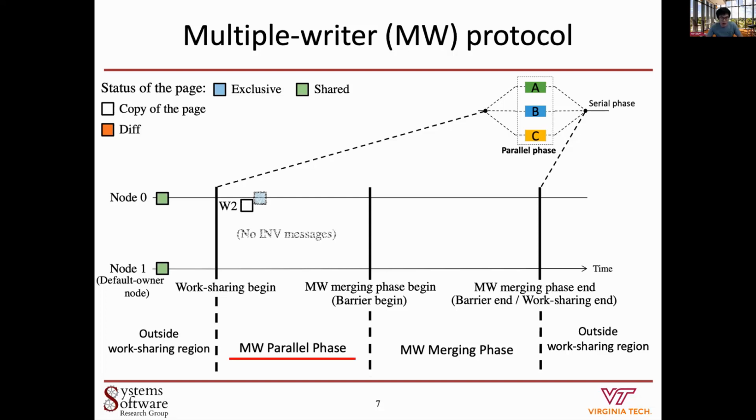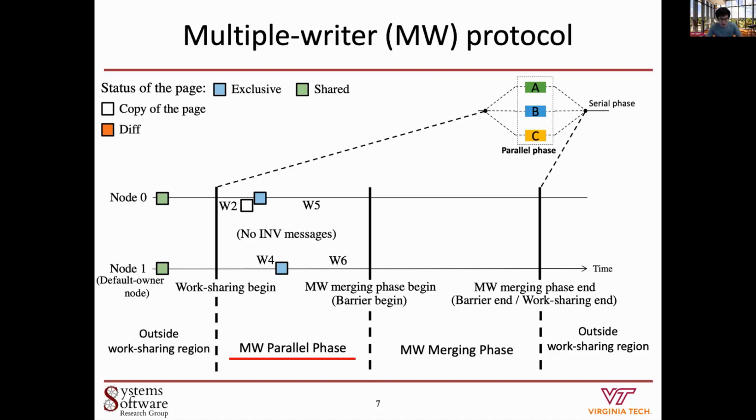On the default owner node 1, W4 doesn't need to create a copy of the page. It directly gets the write permission and then writes to the page without coherency. Same for W6. This saves the latency of sending invalidation messages and permission changes caused by different interleavings of writes like W2, W4, W5, or W6.